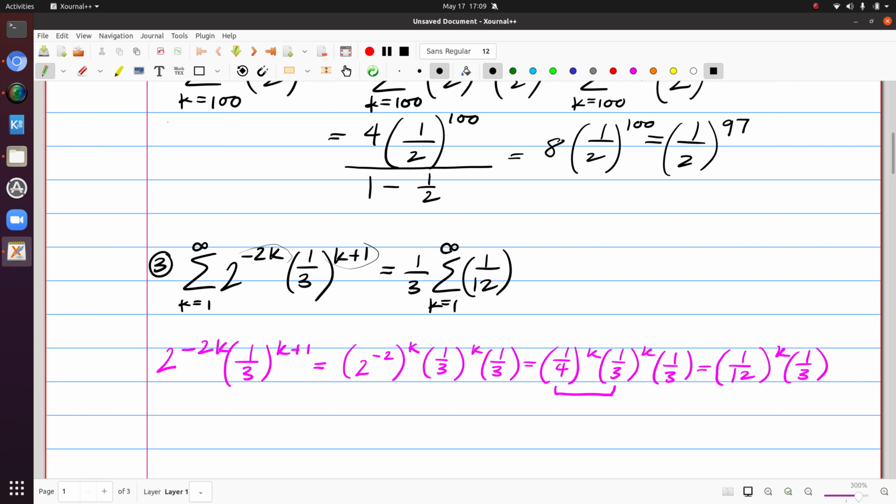Now I can definitely see that r is 1/12. I can verify that that is smaller than 1 in absolute value. So this converges, and I can use the formula that says we take the first term of the series, so that would be raising 1/12 to the first power, divided by 1 minus 1/12.